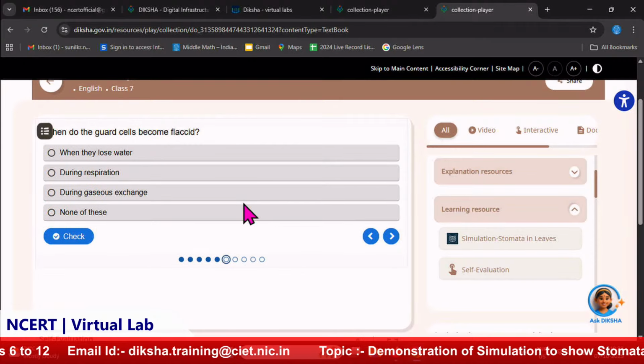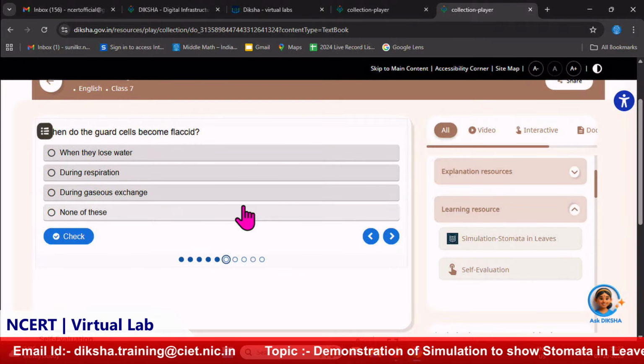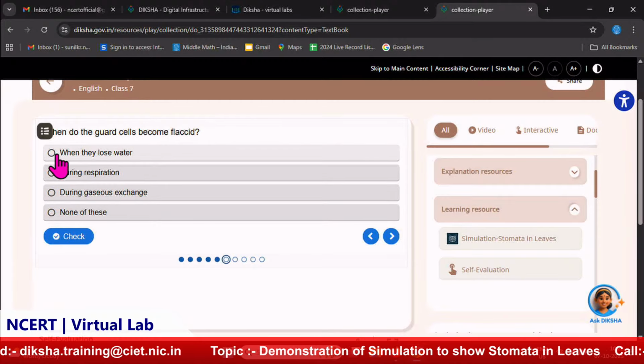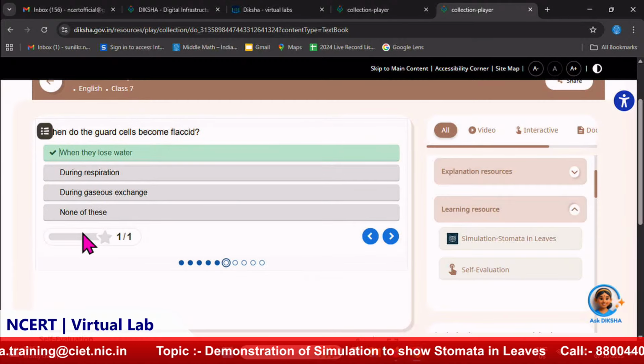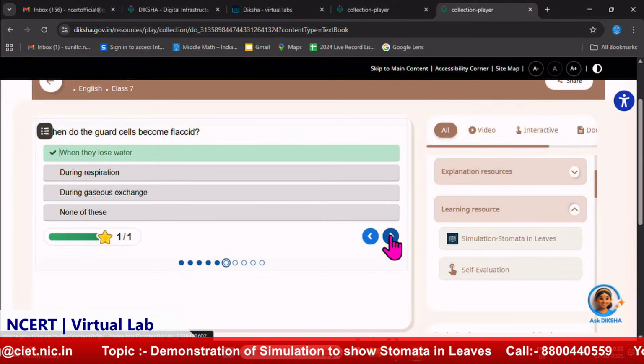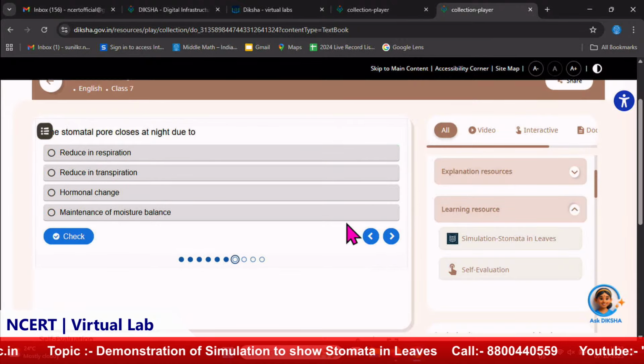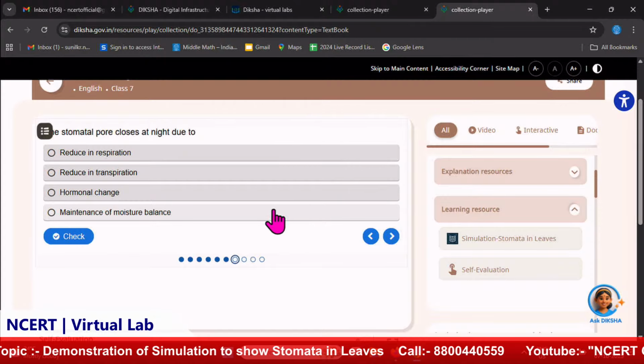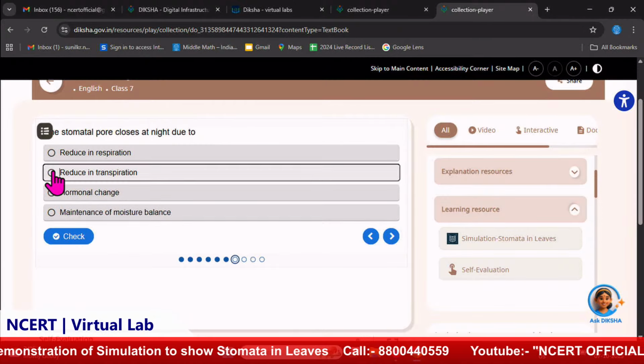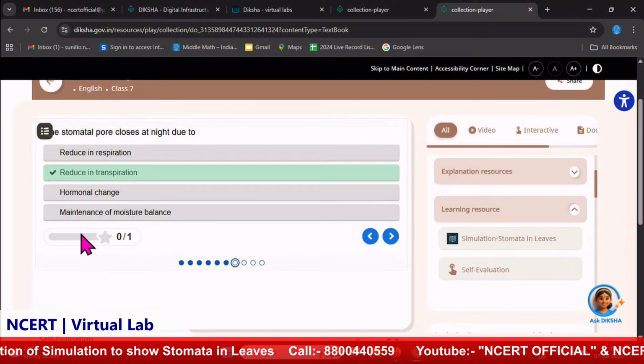Now, when do the guard cells become flaccid? When they lose water. The stomatal pore closes at night due to the reduction in the rate of transpiration.